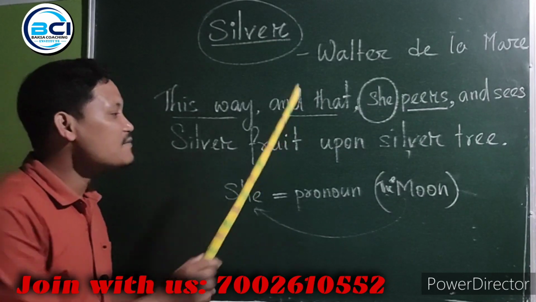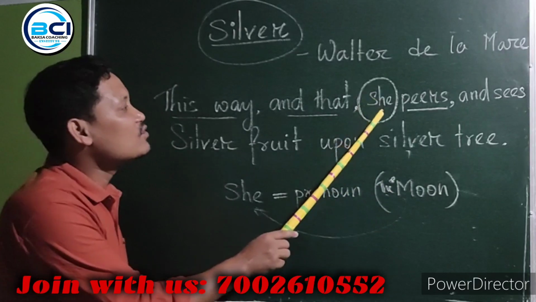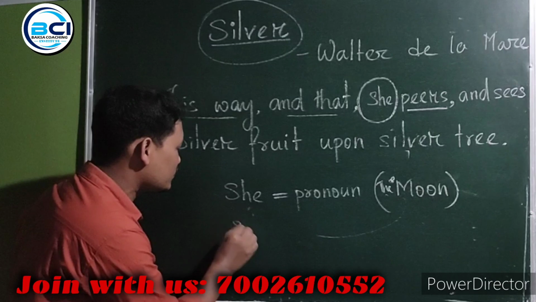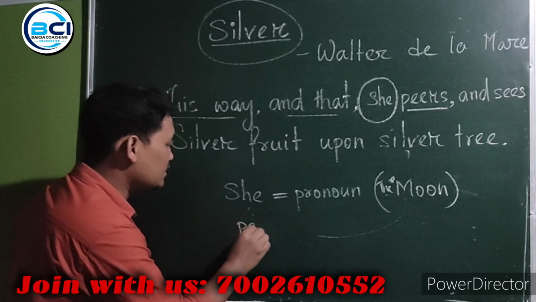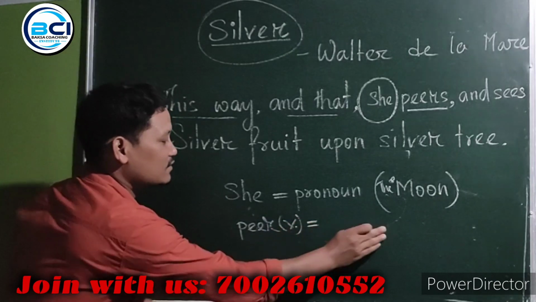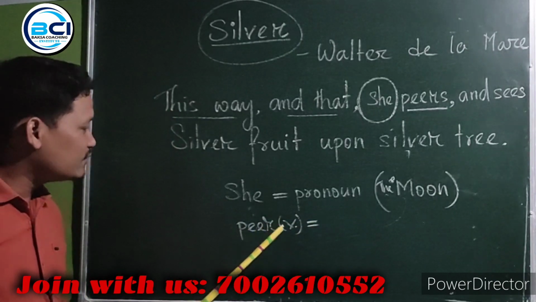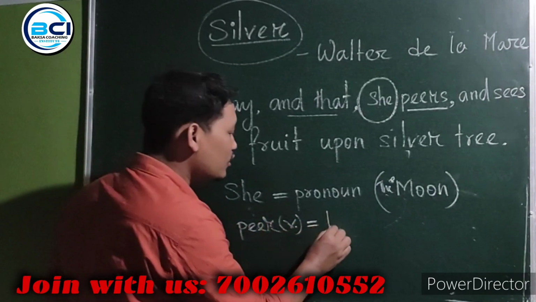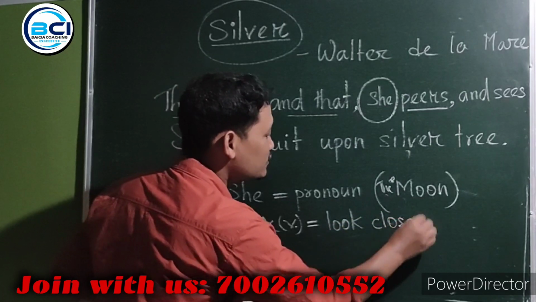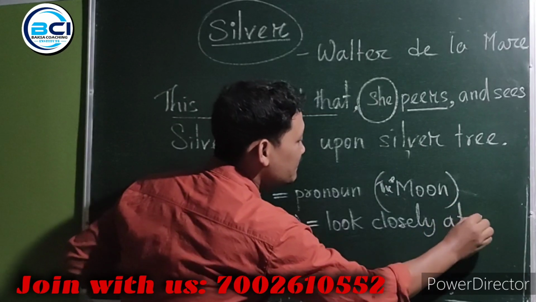So she means the moon. The moon peers. Remember, peers means look very closely. Peer is a verb. The meaning of this word is look closely at something.